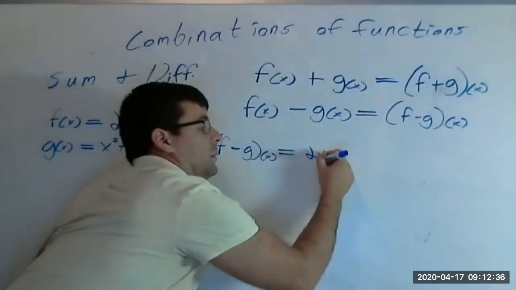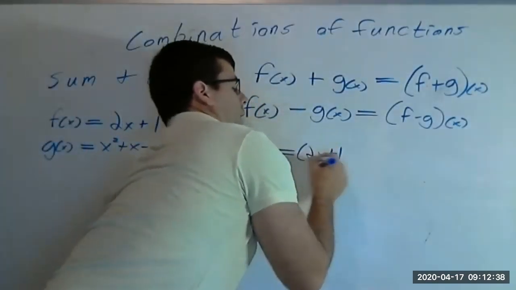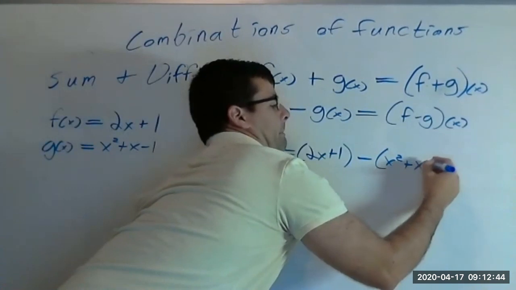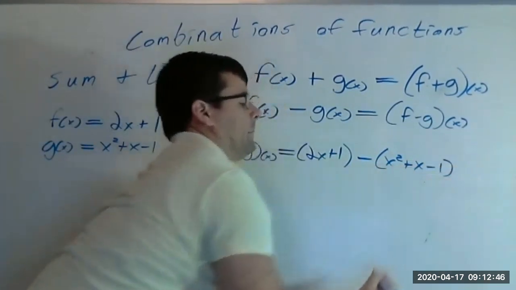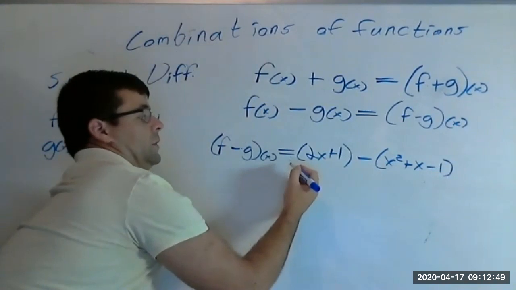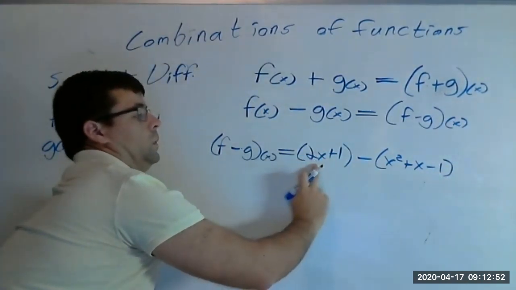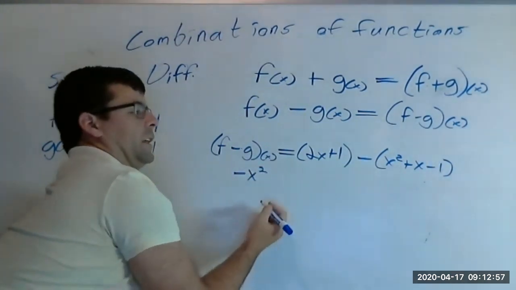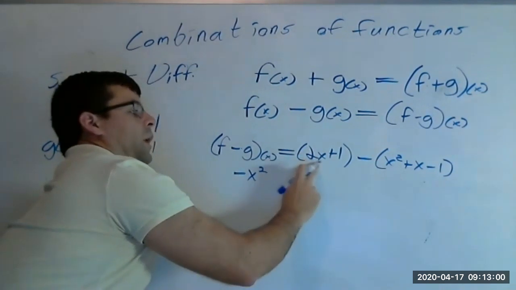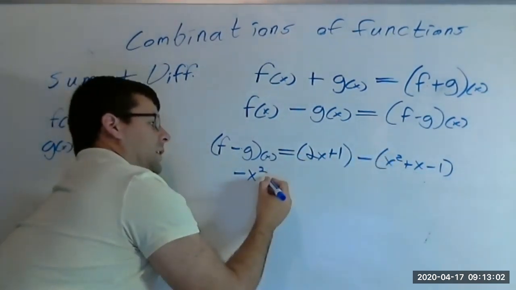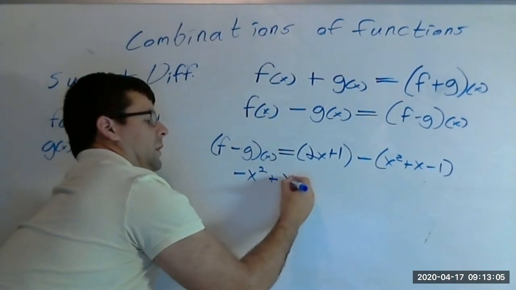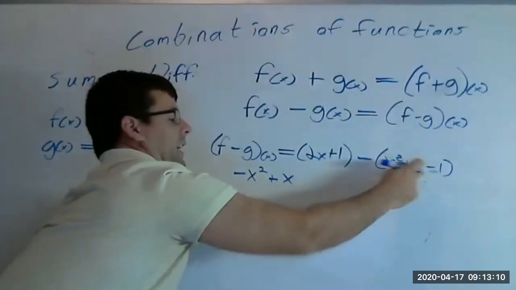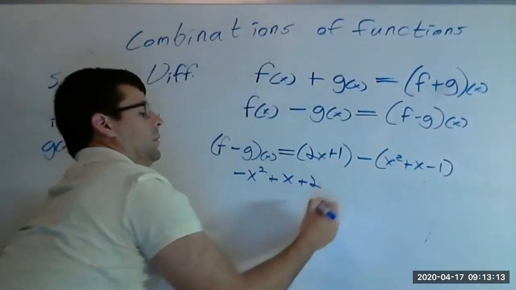So write out the functions. There's nothing with the x squared, so it's negative x squared. 2x minus 1x becomes plus x, and then plus 1 minus negative 1 is plus 2.